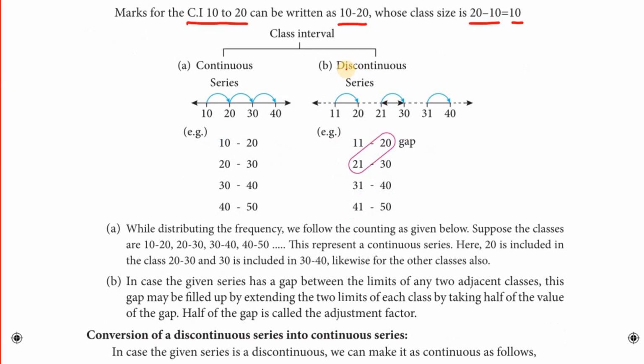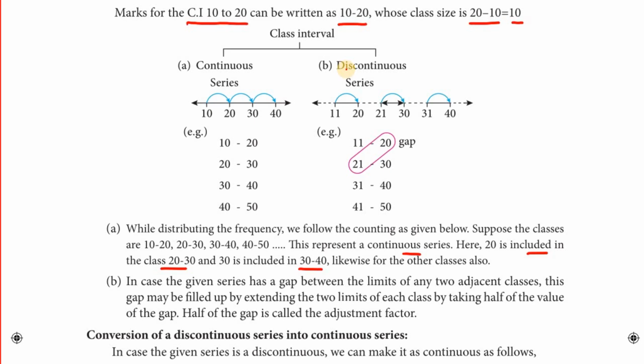Now you see, while distributing the frequency, we follow the counting as given below. Suppose the classes 10 to 20, 20 to 30, 30 to 40, 40 to 50 and so on. Now this represents a continuous series. Here 20 is included in this class, 20 to 30, and 30 is included in 30 to 40. You understand? So basically here 20 is included in this group.